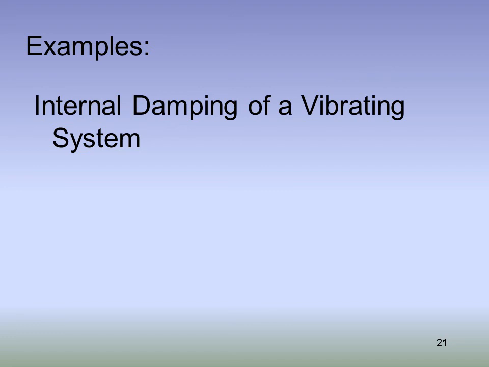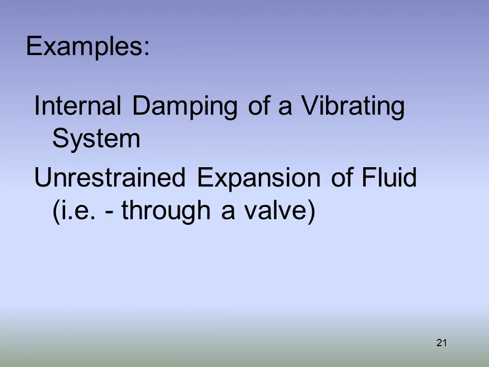Well, that's because your shock absorber is not working too great. If you put a shock absorber in there, then all the energy that would go into vibrating or bouncing the system is absorbed into the shock absorber. That energy is absorbed in there, and you can't get it back as mechanical energy without doing some other kind of work. Unrestrained expansion of a fluid through a valve.